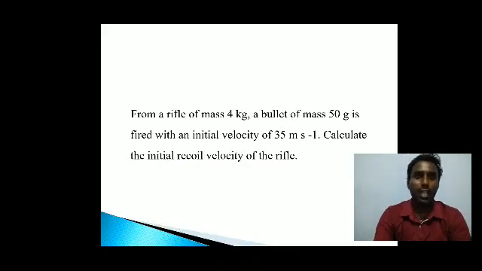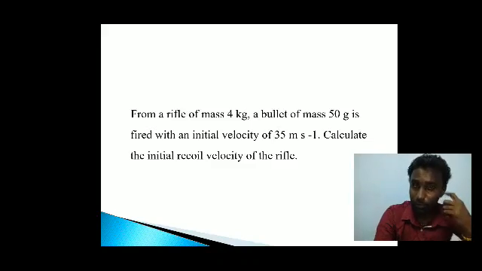From a rifle of mass 4 kg, a bullet of mass 50 gram is fired with an initial velocity of 35 meter per second, and we have to calculate the initial recoil velocity of the rifle.